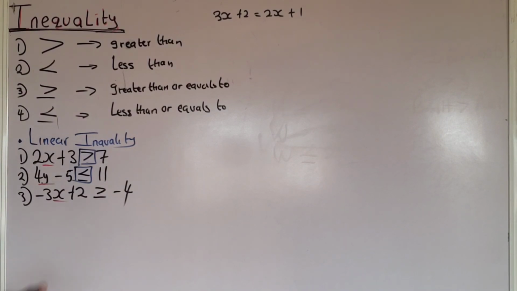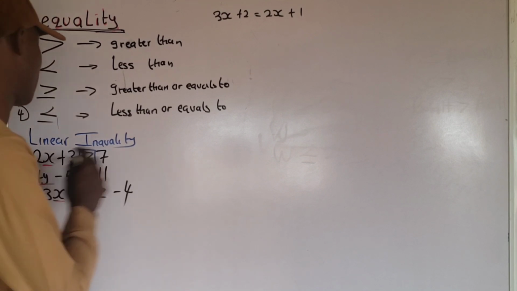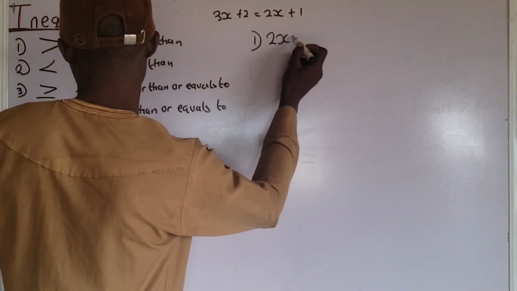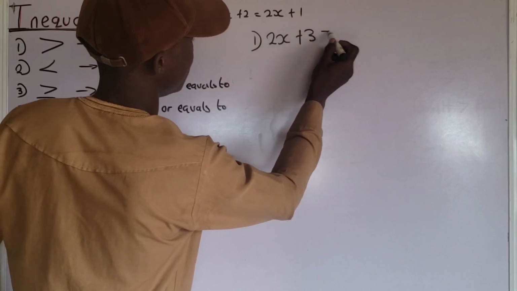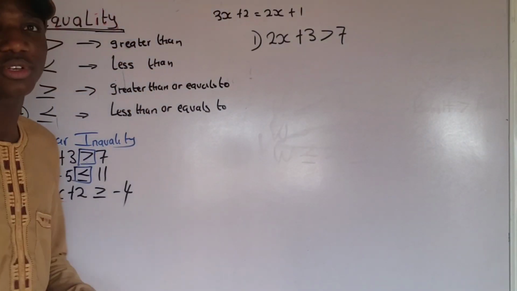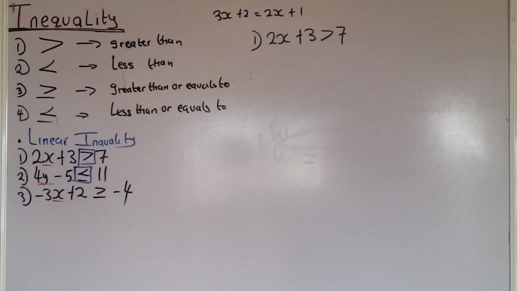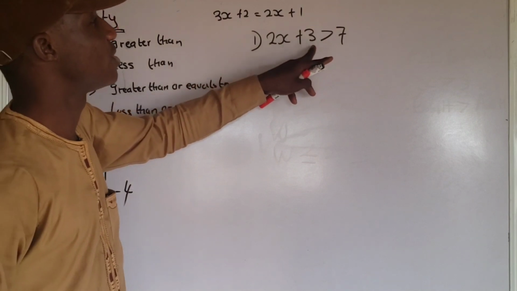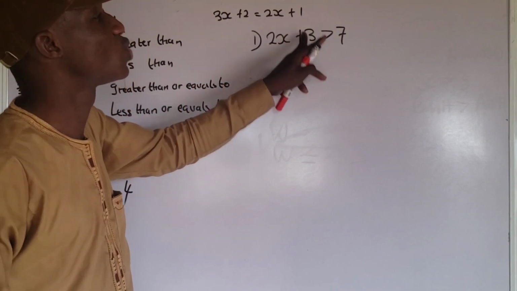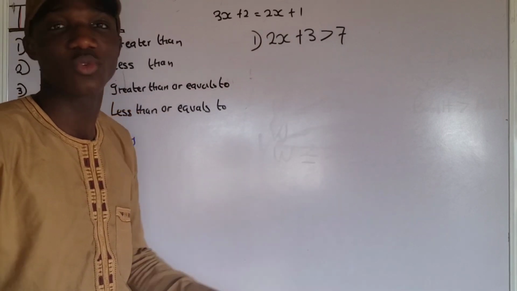Now, let's quickly solve these examples. The first is 2x plus 3 is greater than 7. How do we solve this question? The first step is to simplify the inequality by collecting like terms. To collect like terms here, you just have to move the 3 to the right hand side of the inequality.